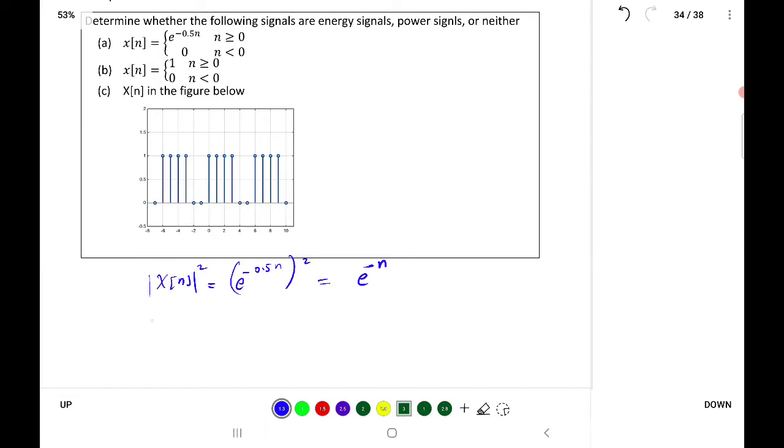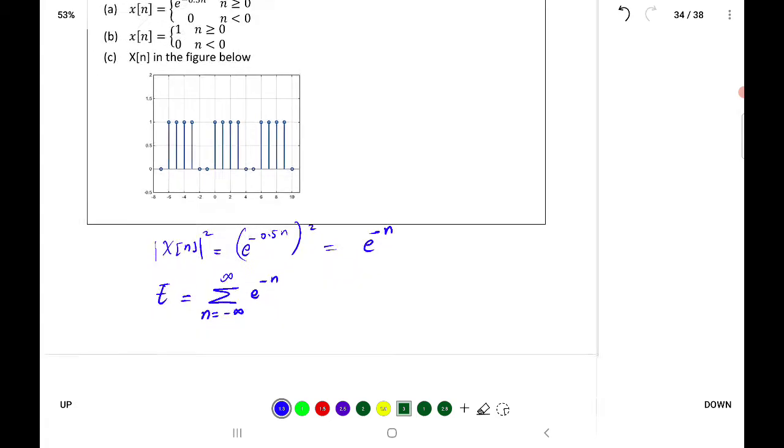To find the energy, we find the summation from n equal to 0 to positive infinity of e to the power minus n. Remember, I have to mention something here about geometric series.